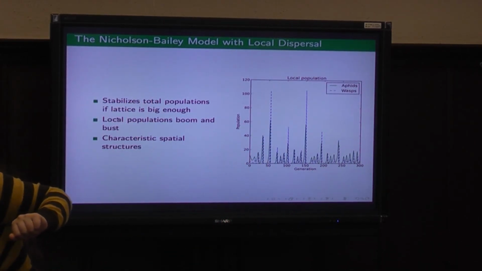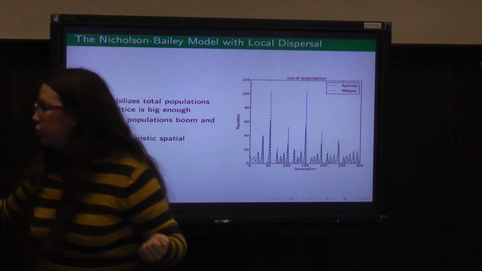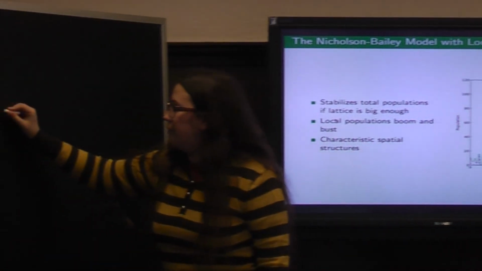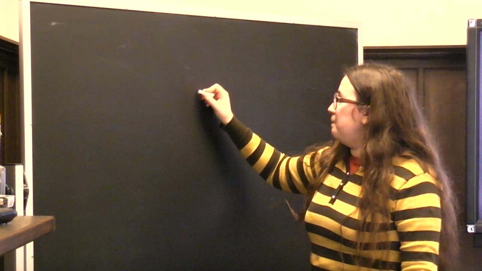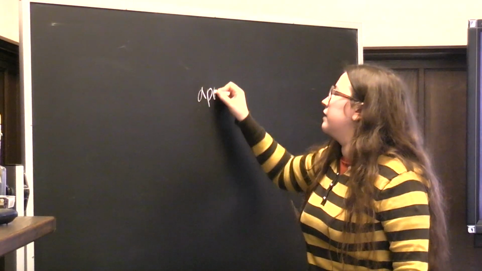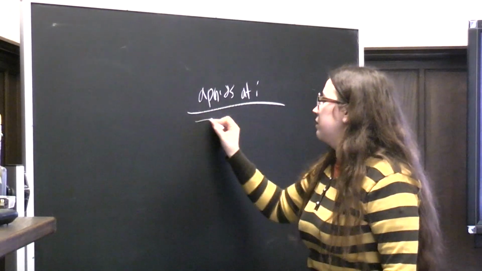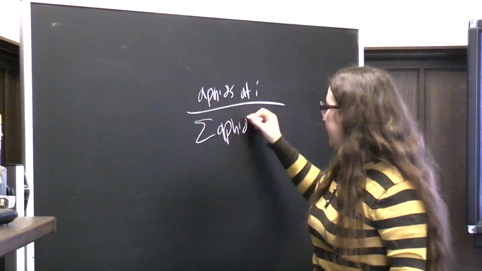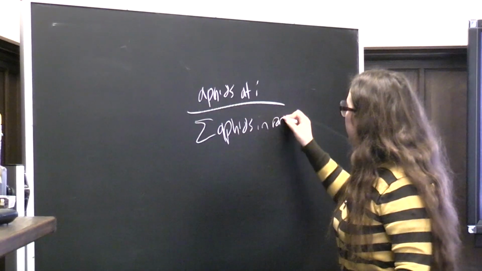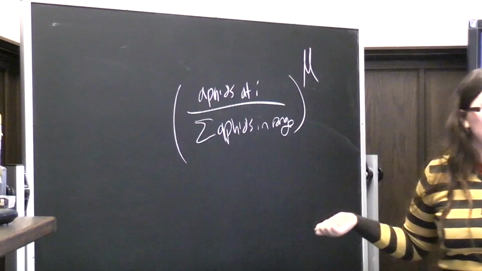Basically, the probability that a wasp migrates to patch i is going to be the aphids at patch i over the total aphids in range, raised to some parameter mu.